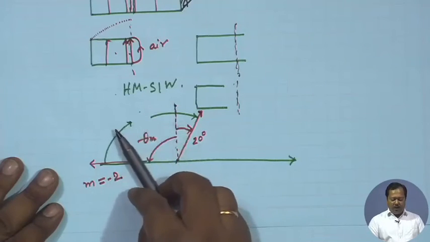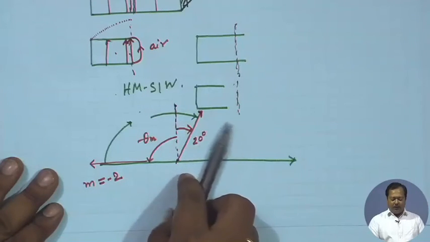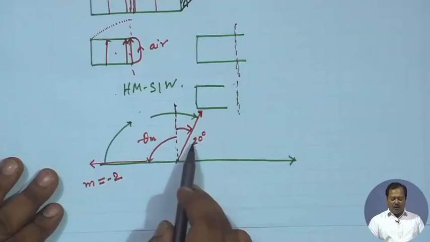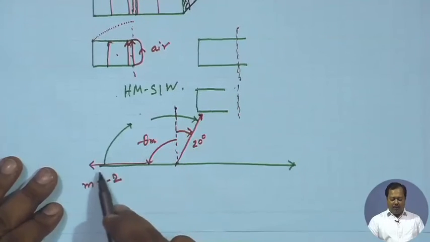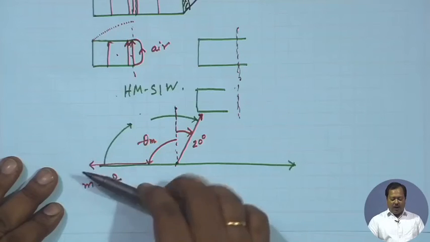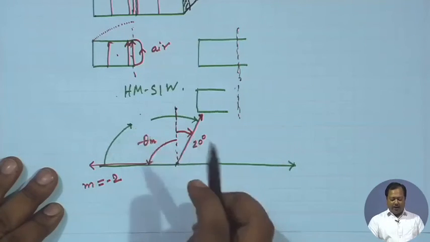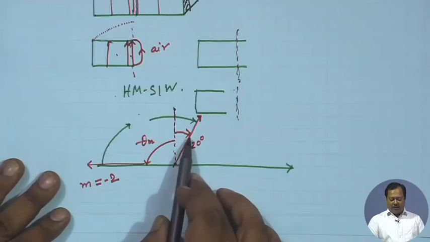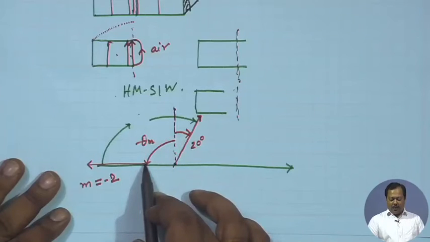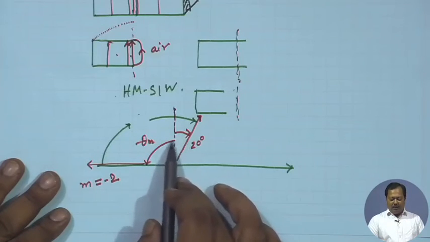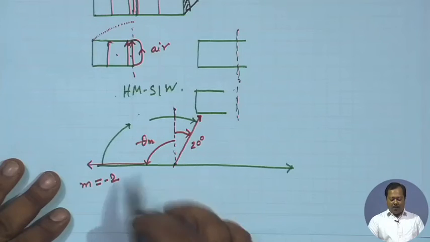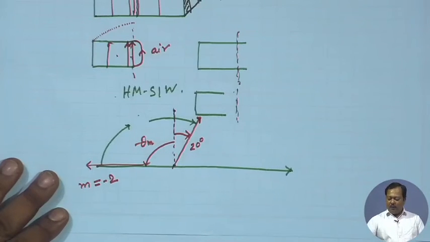If I keep on increasing the frequency further, we will not have one single beam; we will have a second beam appearing from here, following similar characteristics.